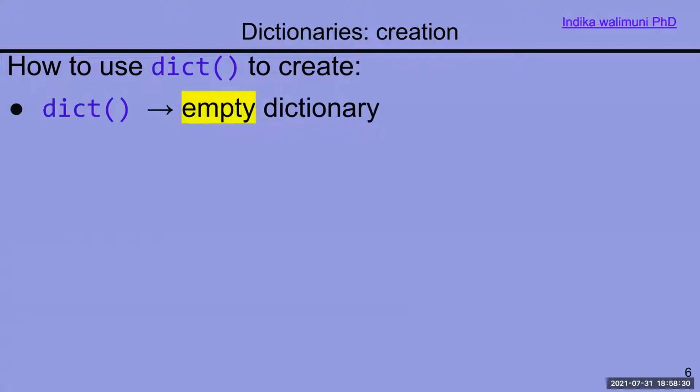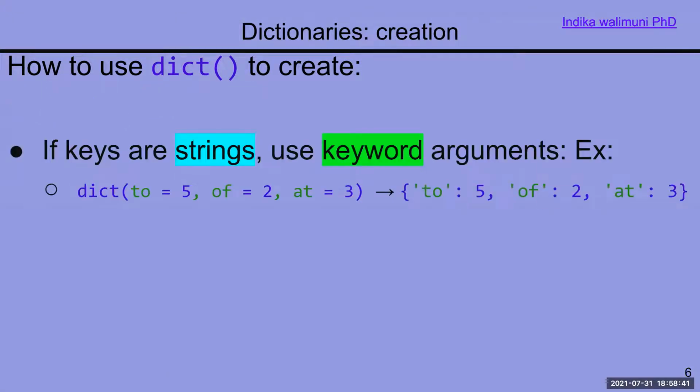Of course, if we directly use it like this, you're going to create an empty dictionary. And if your keys are strings, then you can actually use keyword arguments. For example, this dictionary: if you pass your keyword arguments like this, notice that all of the keys are keyword arguments.